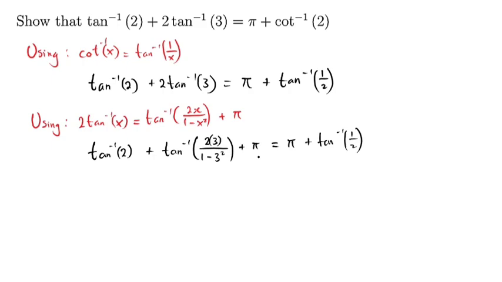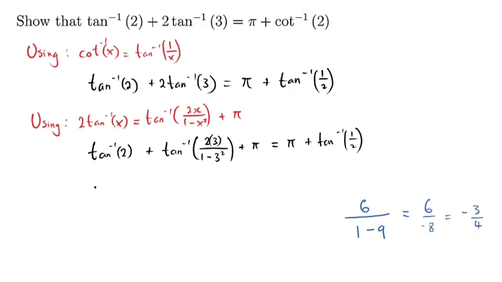So what I'd like to do is simplify what we have inside the brackets there. Let's just do it separately here. In the numerator, we'll have a 6. In the denominator, we'll have 1 minus 9, like that. So this will actually give us a 6 over a negative 8. So this reduces to minus 3 over 4.